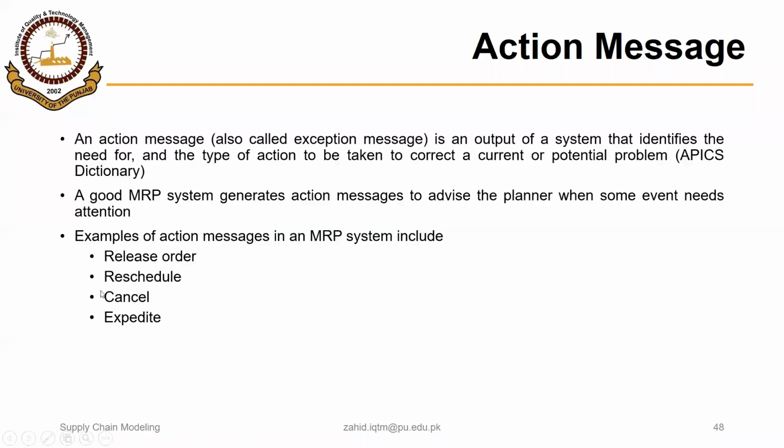It could be expediting an order based on some problems that the system has. Very important output. A sort of dialog box appears, so there is some alert that is triggered, which notifies the planner of some action to be taken.